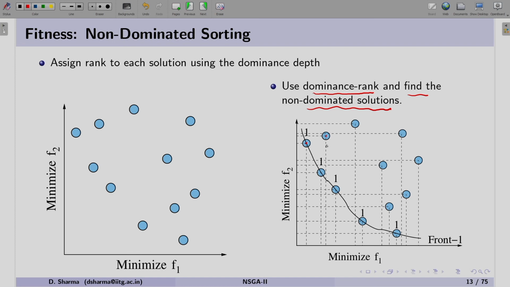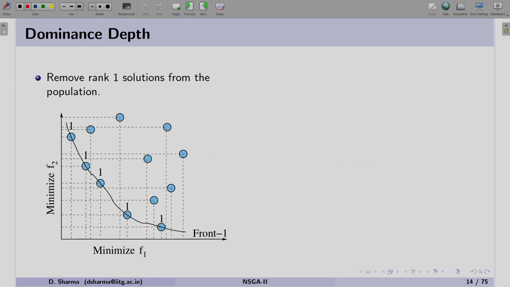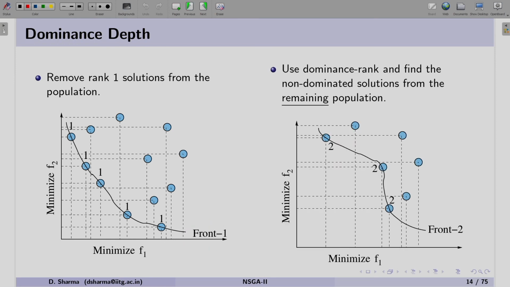While applying the dominance rank, we get to know that the solutions where 1 is written are all rank 1. So these solutions are copied into front 1. Thereafter, we remove the front 1 solutions. When we remove them, these are the remaining population with us. Then again we apply the dominance rank to find the non-dominated solutions in the remaining population.